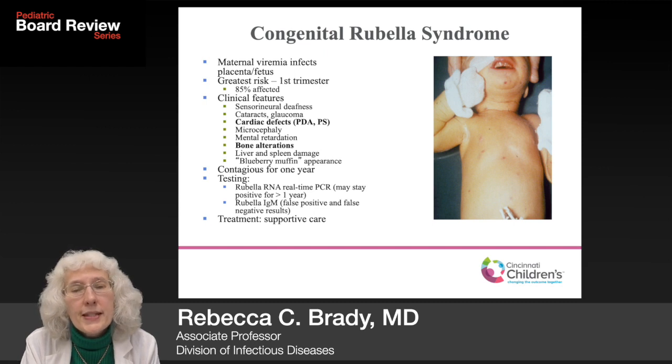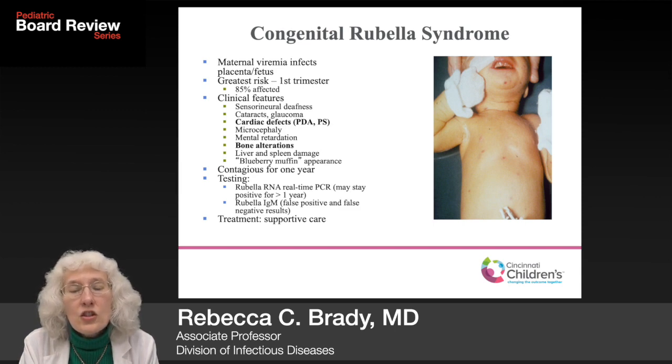One of the differences here is the heart defects, including patent ductus arteriosus and pulmonary stenosis. Again, microcephaly, mental retardation that may not be picked up until the child's older. Again, some bone problems, liver and spleen damage, and that blueberry muffin appearance.